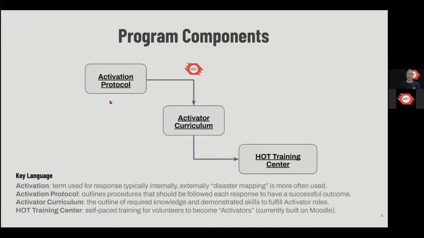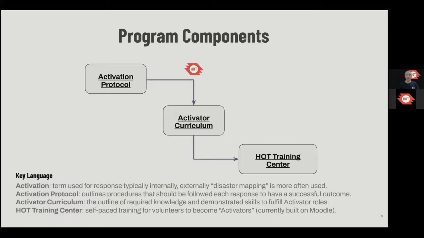Activation, as I just defined, is a term typically used internally, and disaster mapping, as the title of the webinar, is what we use for external communication. The protocol is like the standard operating procedure. It outlines the steps that need to be followed in order to be successful in an activation.